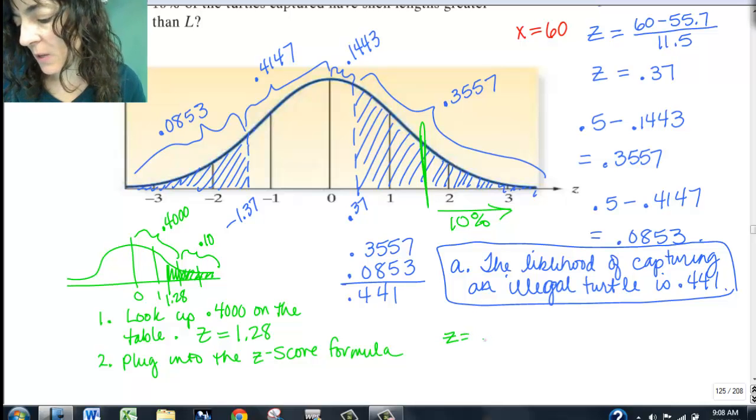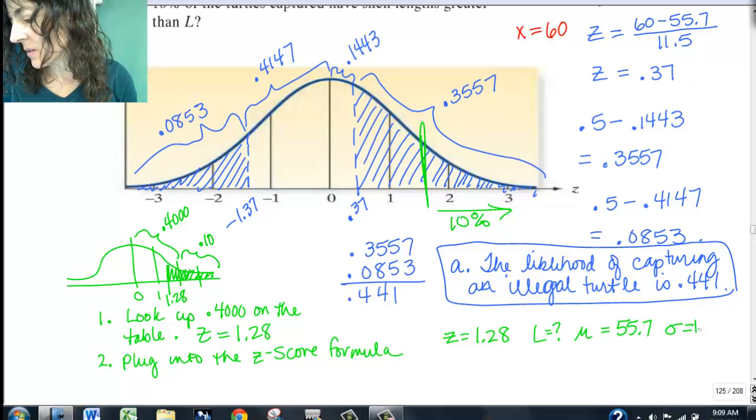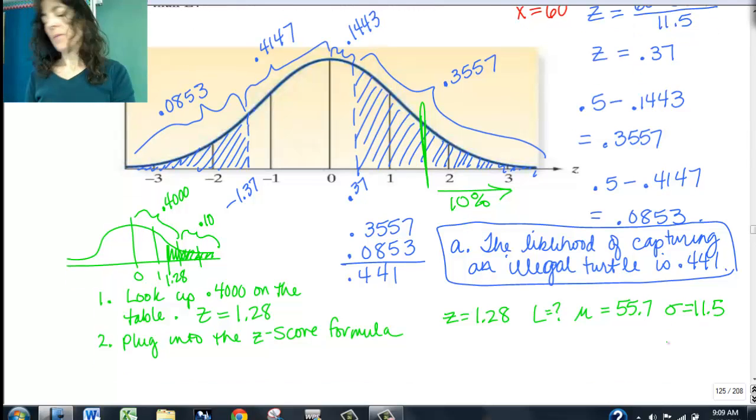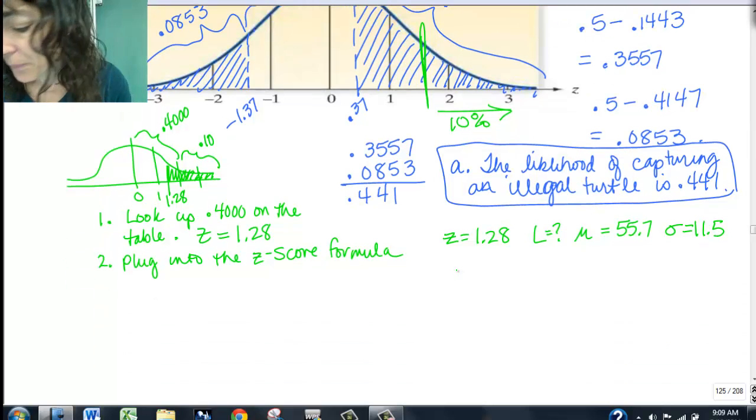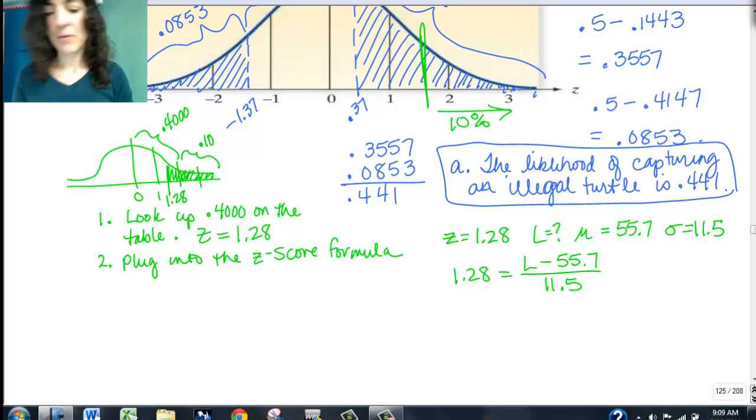So I have z equals 1.28, and L is the part I don't know, and mu is still 55.7, and sigma is still 11.5.